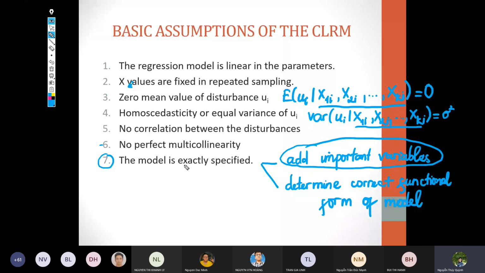As long as any assumption is violated, the OLS estimation method will no longer give the best linear unbiased estimators of the unknown parameters of the model. Remember that. In the case where you cannot add important variables into the model, our OLS estimator will not be the best estimator anymore.